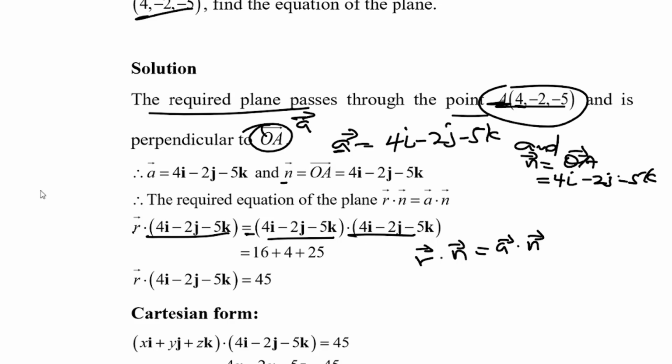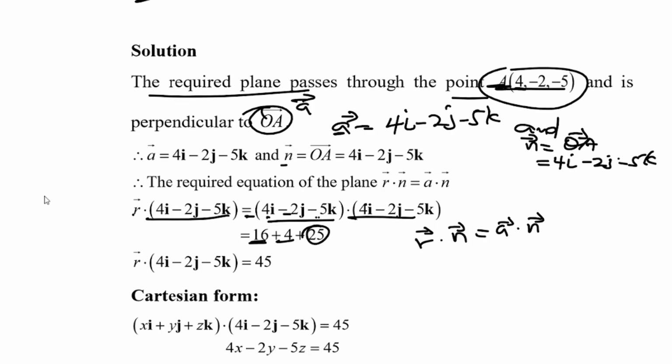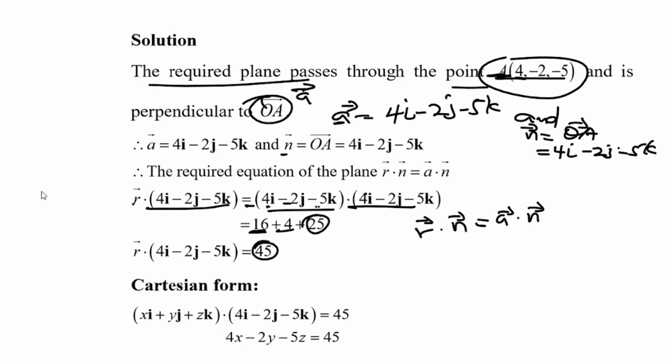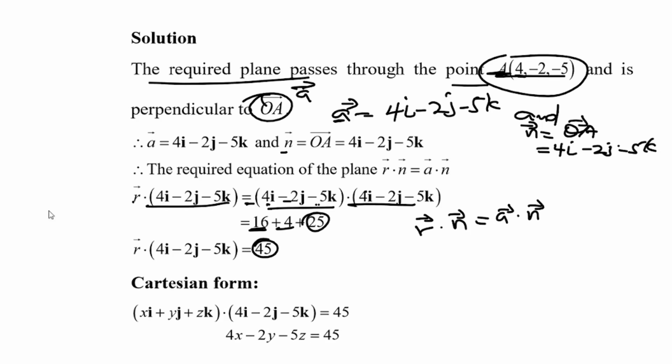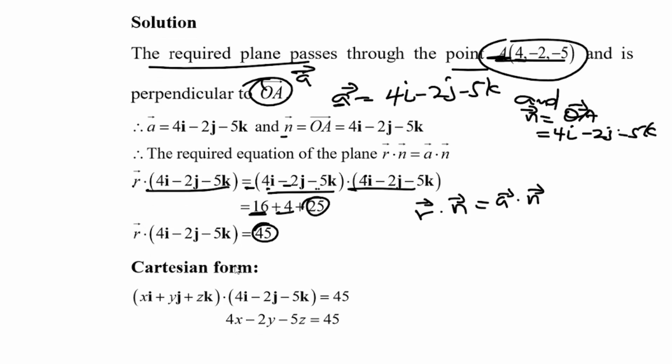So when you dot this one to this, we are going to have 4 times 4, which is 16, plus negative 2 times negative 2, which is 4, plus negative 5 times negative 5, which is 25. And you are going to have this side equal to 45. So R dot (4i minus 2j minus 5k) is equal to 45.